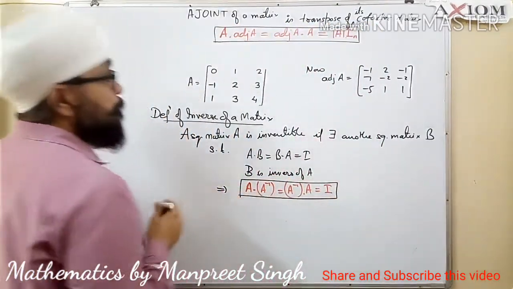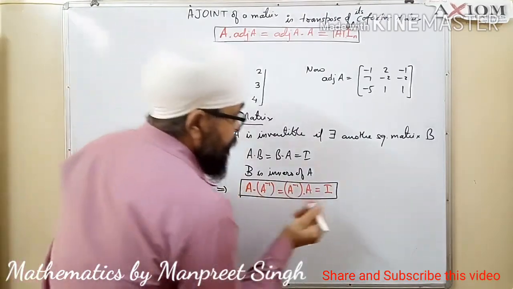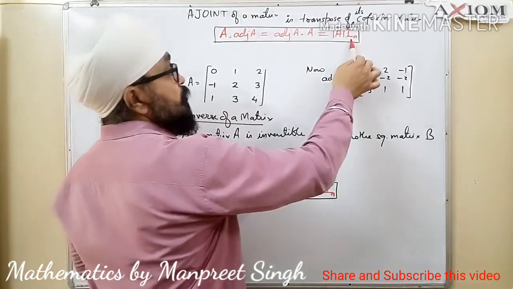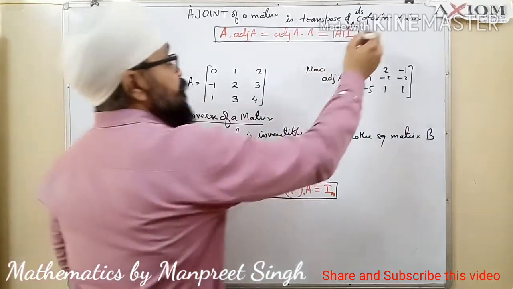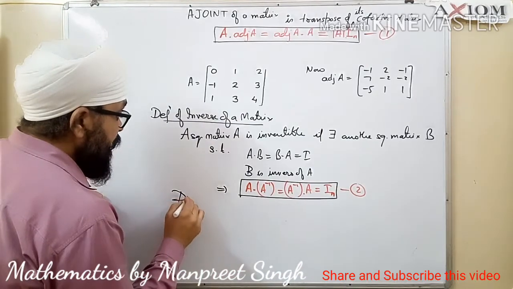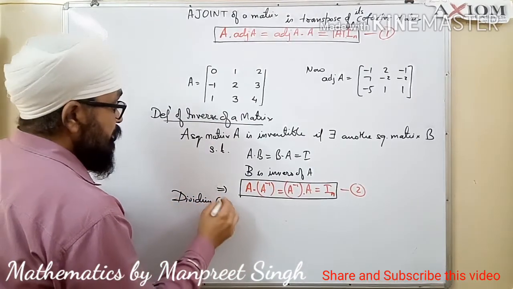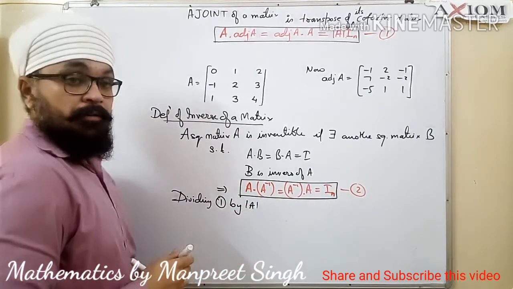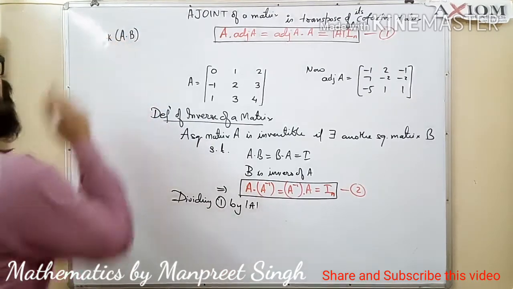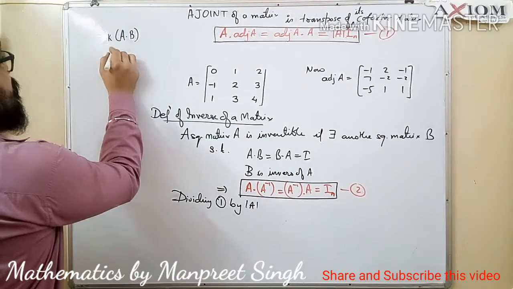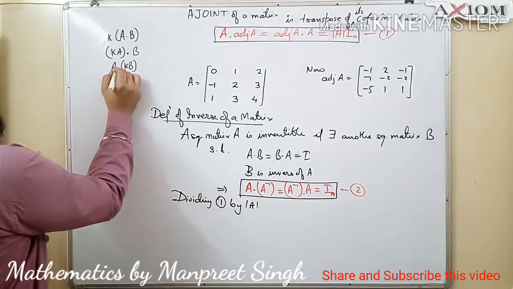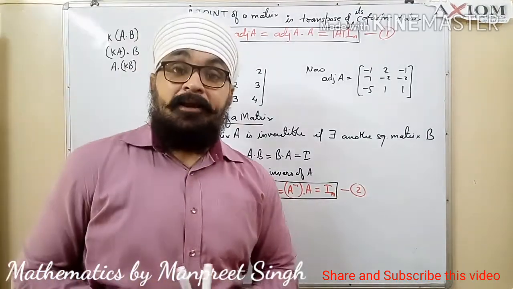If you can see, there is a simple format, that few things are common. The first thing is A, position of A is common, position of In is common. So what is left? If I use this one as 1 and this definition as 2, dividing first by determinant of A. And one property I must recall here: if we are having product of two matrices and there is a constant that you are going to multiply, this constant will either be with A or it will be with B. That K cannot be there with both of them.